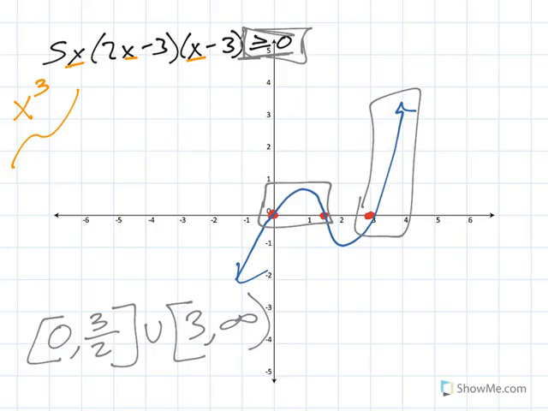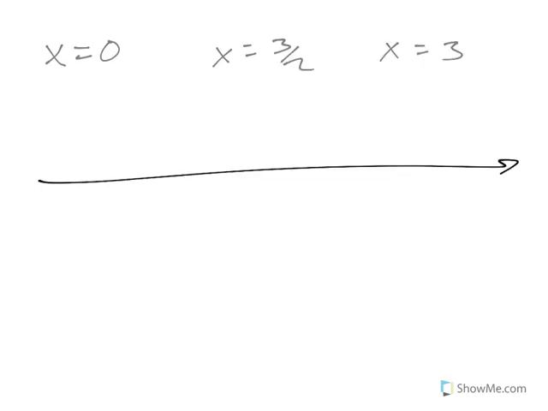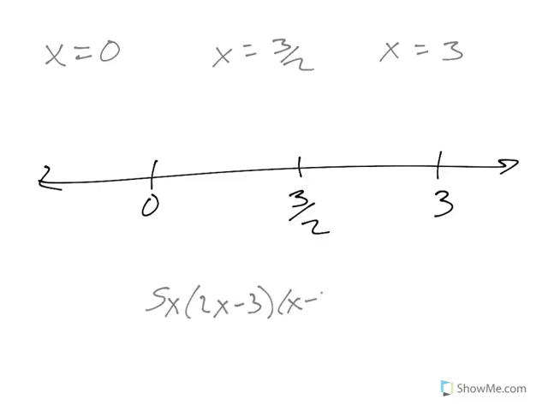The other way, if you don't like the graphing part, you can say, I know my zeros are 0, 3 halves, and 3. So if I have a number line, I'm looking at each of these intervals to see what's true. Once again, we've got 5x, 2x minus 3, and x minus 3.